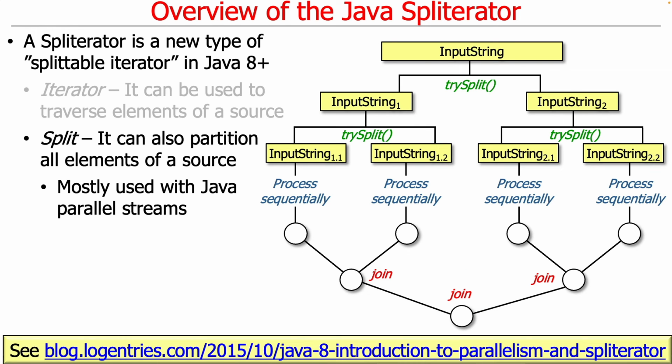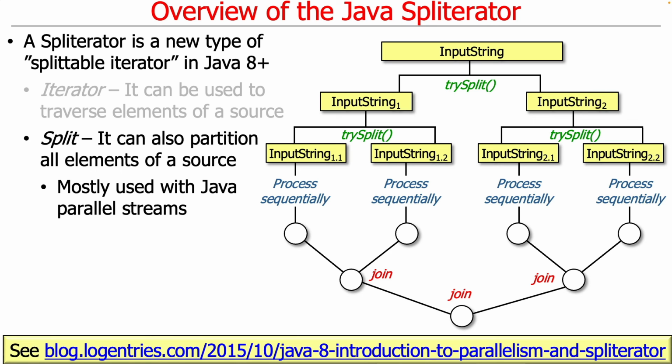Now, you might be asking yourself at this point, why the heck would I do this stuff? Well, for sequential streams, that's a very good question. You probably wouldn't. But for parallel streams, you would. Or not you, the Java Streams framework does this for parallel streams. Because what it's doing is recursively splitting the original source of input up into smaller and smaller pieces until they reach an atomic size chunk.